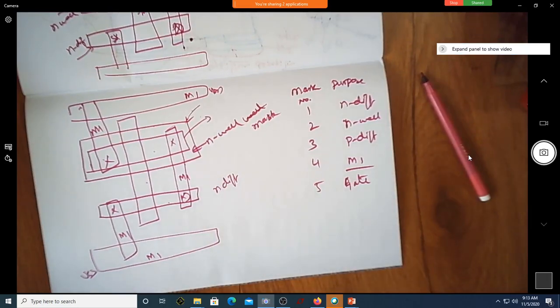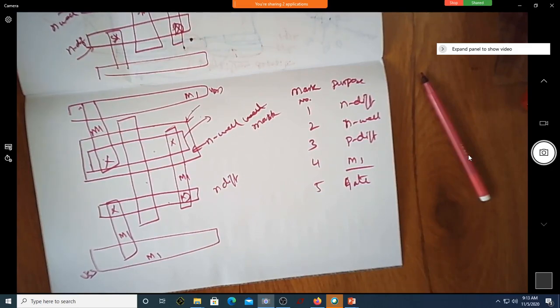Sir, can the N well and N diffusion be done at a time? No. N diffusion is N plus, whereas N well is N minus. The impurity levels are different.